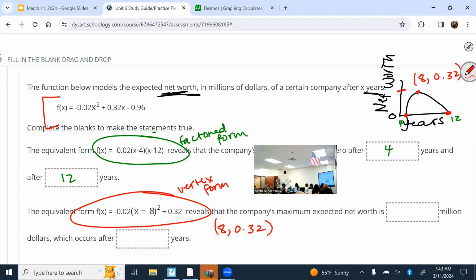Because what it's asking about is the company's maximum expected net worth and when it occurs. So knowing that x is for years and y is for net worth, what needs to go in this first box? 0.32, and then that occurs at what time?